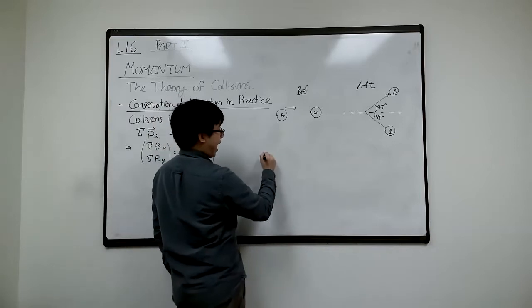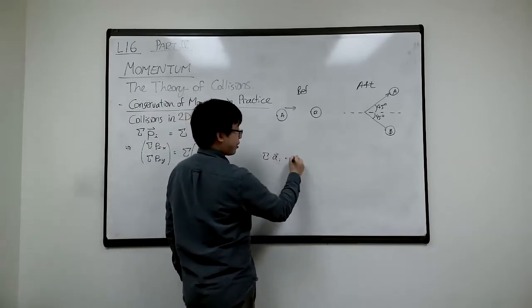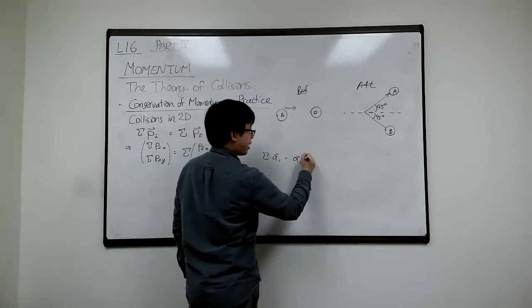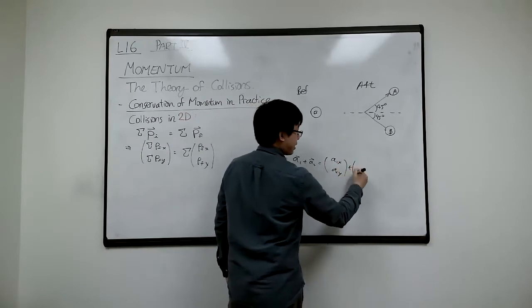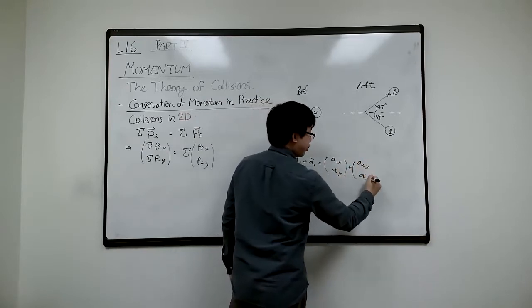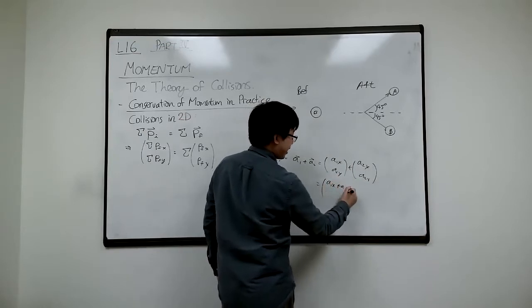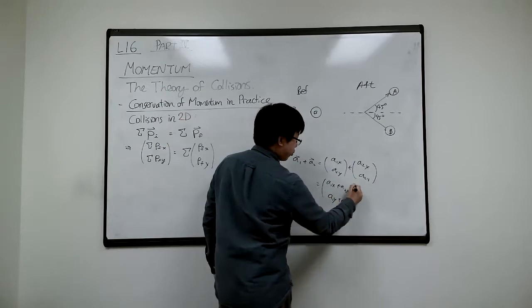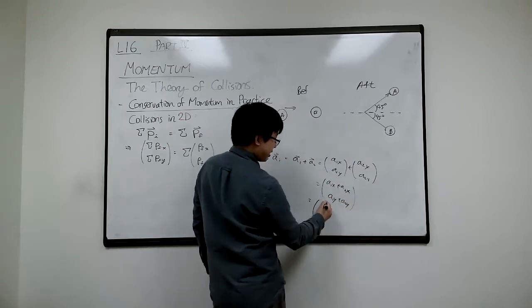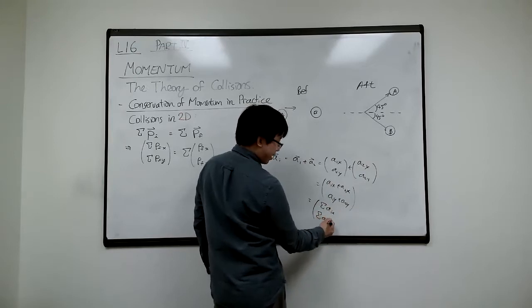So when I add A1 plus A2, that just means A1x, A1y plus A2x, A2y, and that just means A1x plus A2x, A1y plus A2y. So that's sum of Ax and sum of Ay, right?